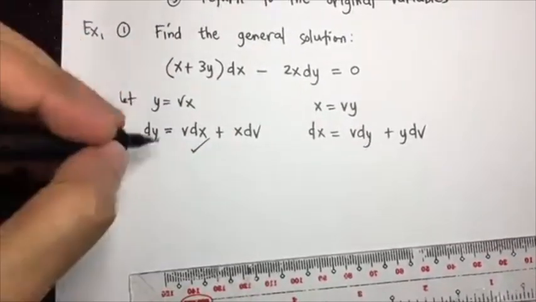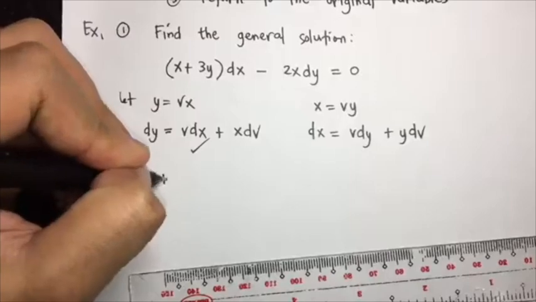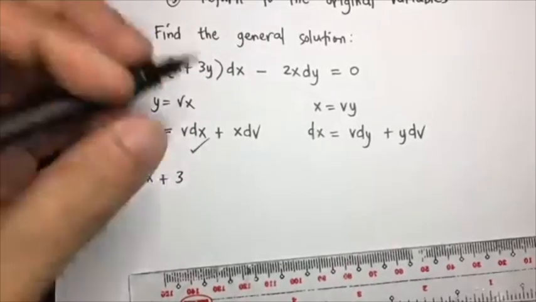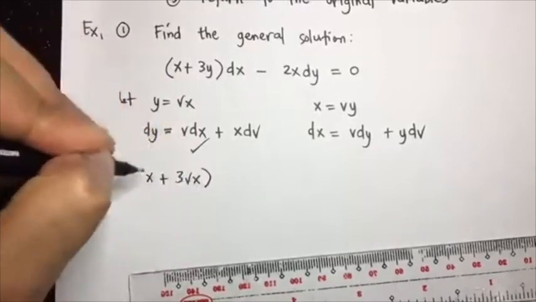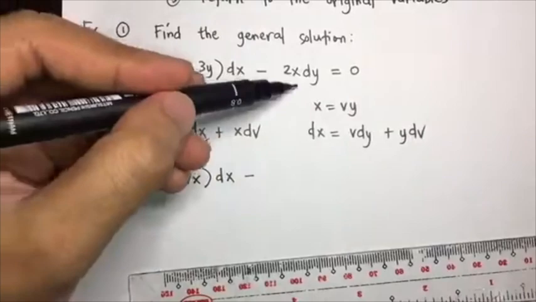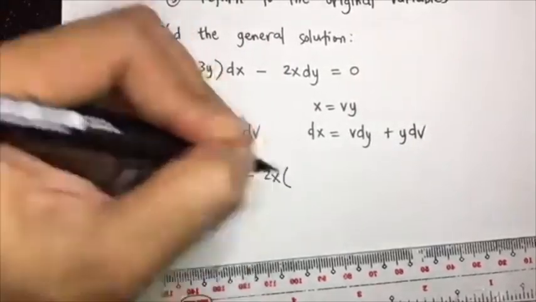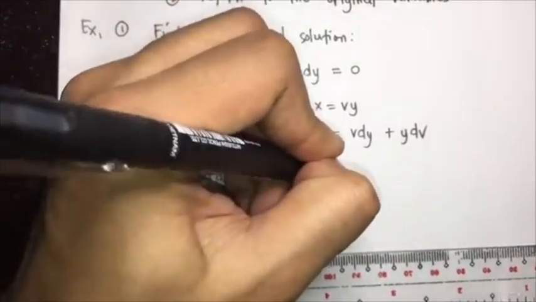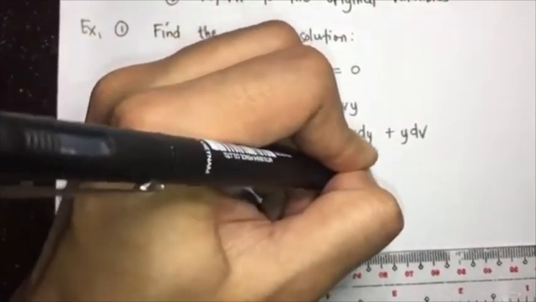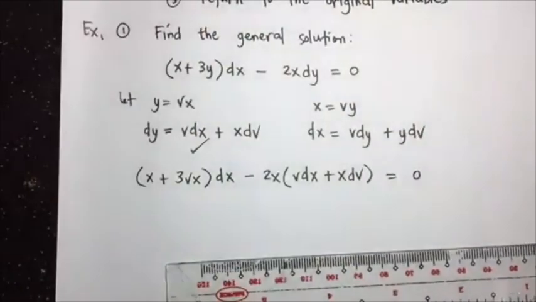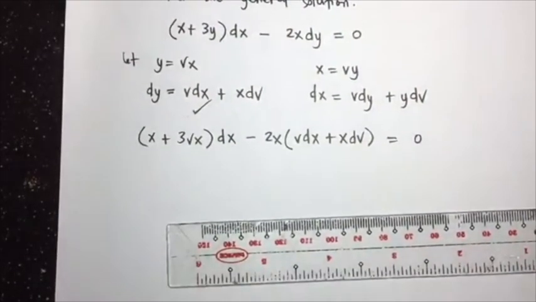If y is equal to vx, then we have (x + 3vx) dx - 2x (v dx + x dv) = 0.